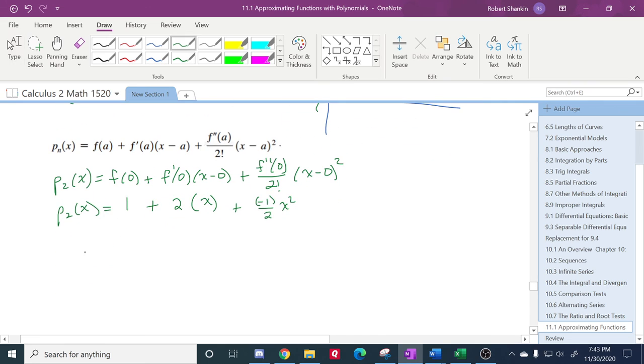So P2 of x is equal to 1 plus 2x minus 1/2 x squared.